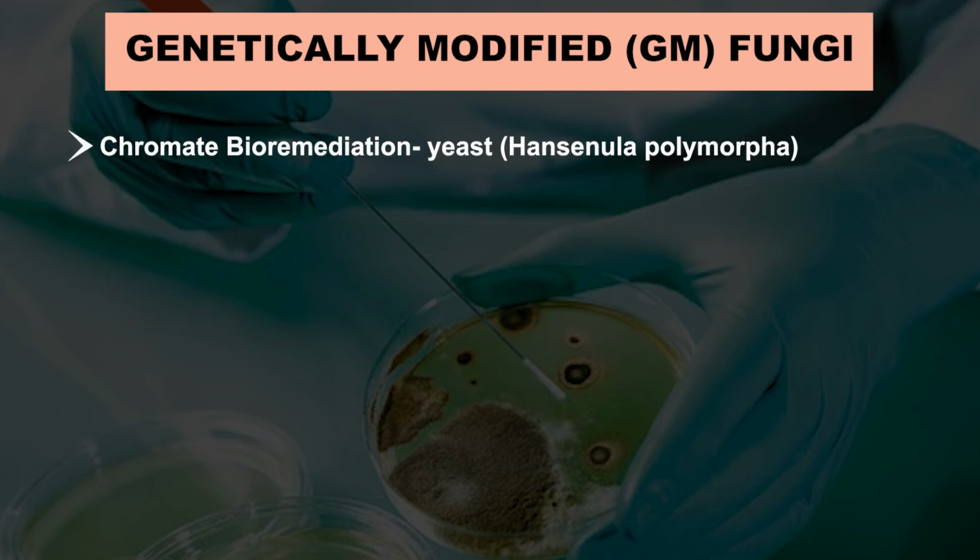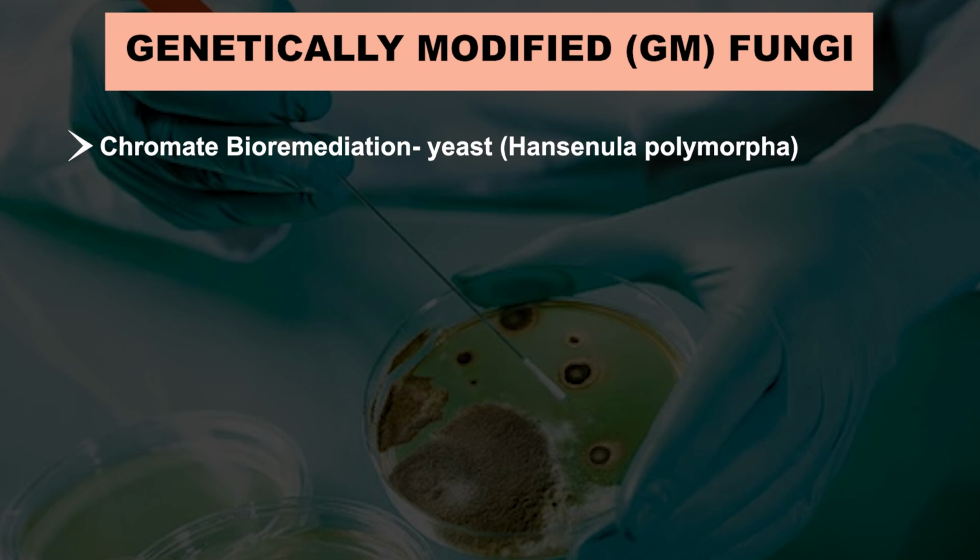Next, bioremediation of chromate, a methylotrophic thermotolerant recombinant strain of yeast, that is Hansenula polymorpha, was employed. This strain produced the enzyme flavocytochrome b2, which is also called FCB2. Furthermore, it is overproduced and utilized in the development of cell-based biosensors.